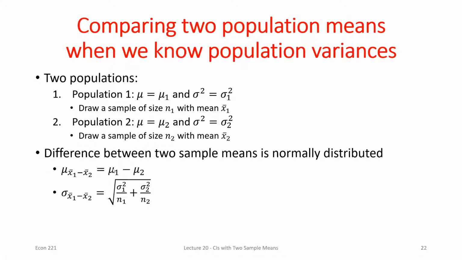We now know what the true mean should be, and we know what the variance should be. Before we were looking at the true mean and the variance of one sample mean. Now we're looking at the difference. You can almost think about it as a new statistic that we're interested in. Not just the mean, we're interested in the difference in means.